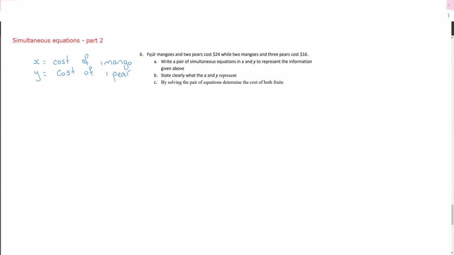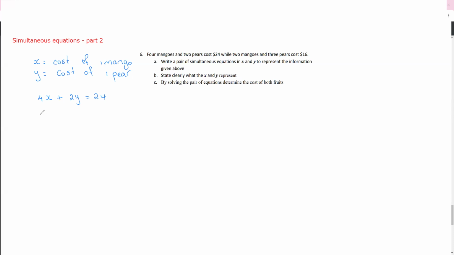So they said 4 mangoes. So the cost of 4 mangoes will be 4 times the cost of 1 mango. So that will be 4x. And in mathematics, we add 2 pears. The cost of 1 pear is y. So if we have two of them, it will be 2y is equal to 24.